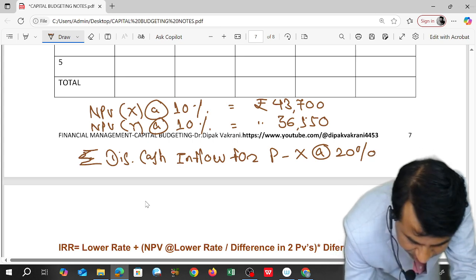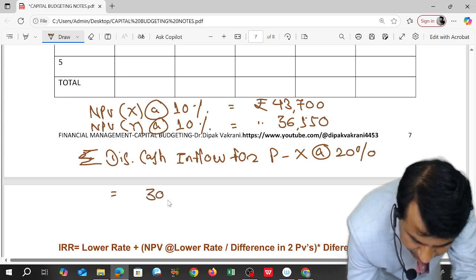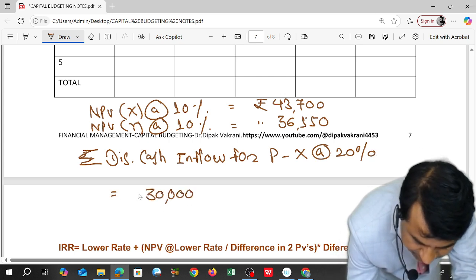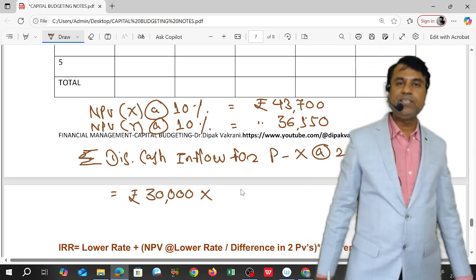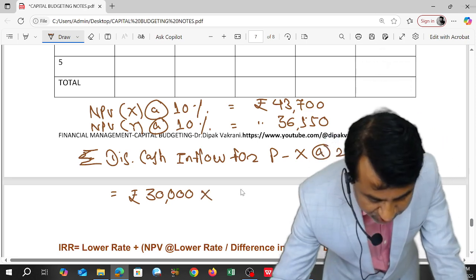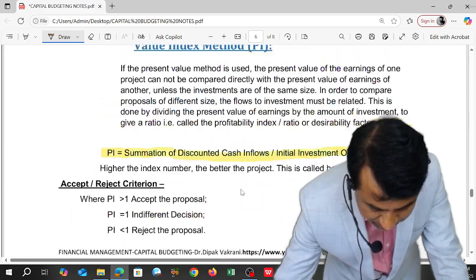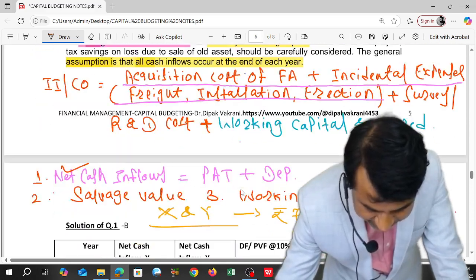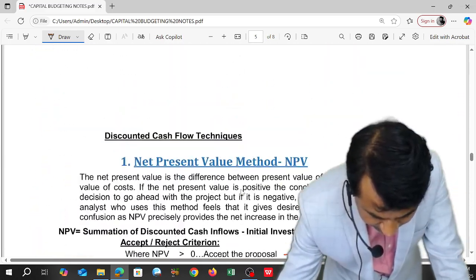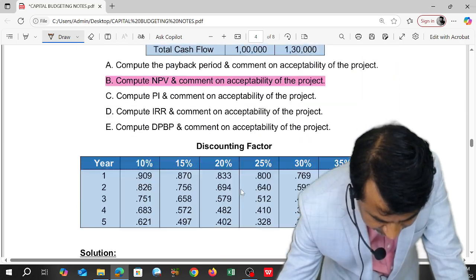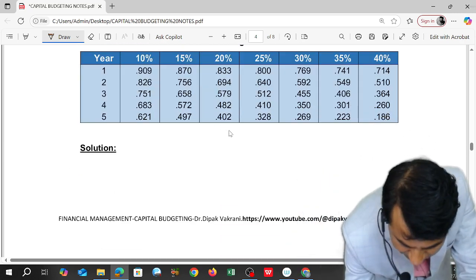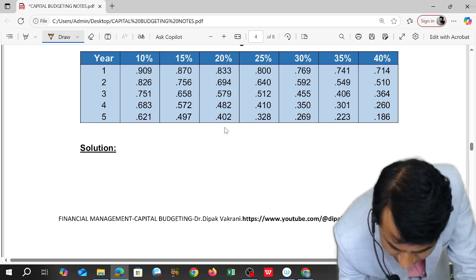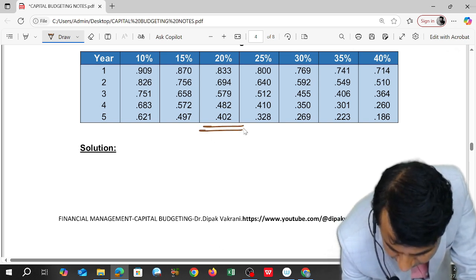What do I need to do for 20%? My annuity is 30,000 per annum multiplied by the annuity factor for 5 years at 20%, and that is given in the question. It is given here, see, I just need to take its total. If you don't understand the 20% one, you can directly add, or multiply and then add. I am going to do the total here directly.